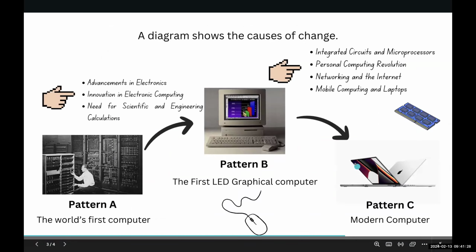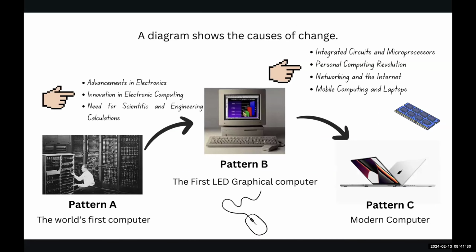So, from pattern A we had to move to pattern B because of the inefficiency of the computer, the lack of flexibility, and problems with real application of the mechanical system. So we had to advance in electronics and innovation in electronic computing, and meet the need for scientific and engineering calculation.